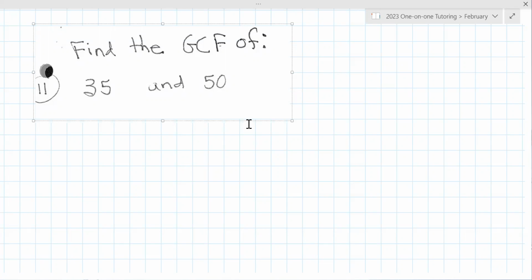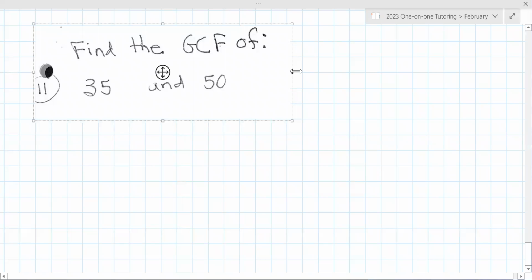And then 5 and 5. Greatest common factor is 5. That's right. Good.